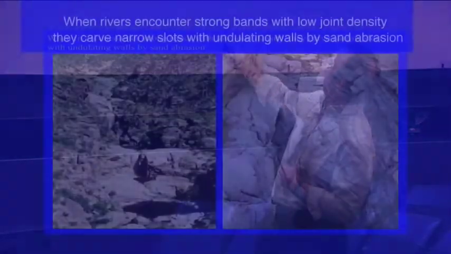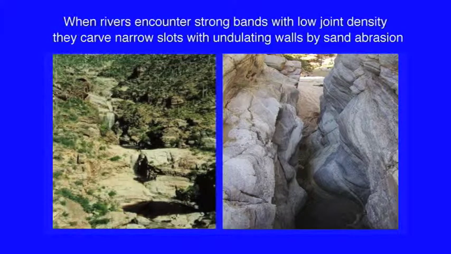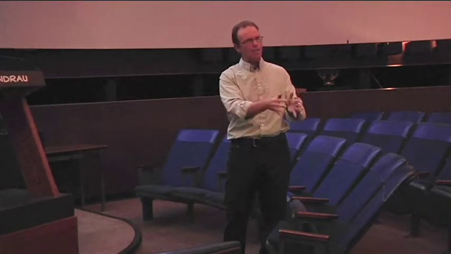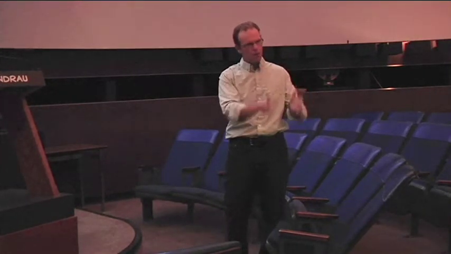So here's an example on the right-hand side. When you see these things, they typically have undulating walls. They're very narrow. I mean, this is about a meter wide. So you've got a pretty large drainage basin, and all that water is being focused into a very narrow point because you need to focus that sand and gravel and get it moving at very high speed in order to carve through that rock.